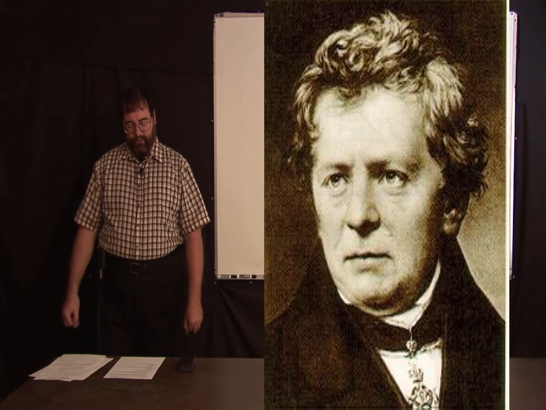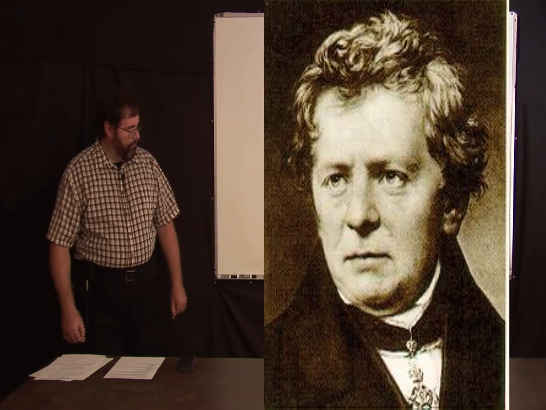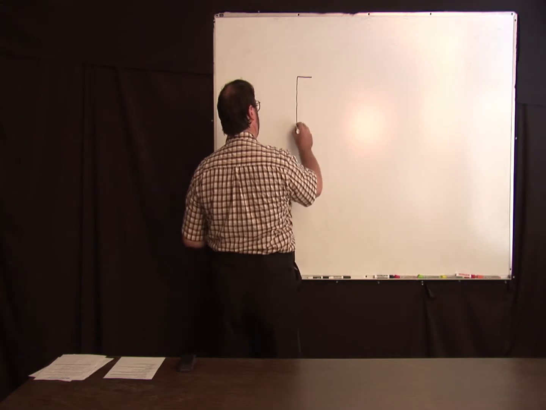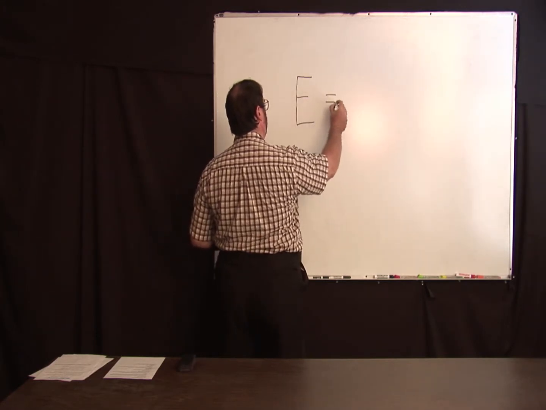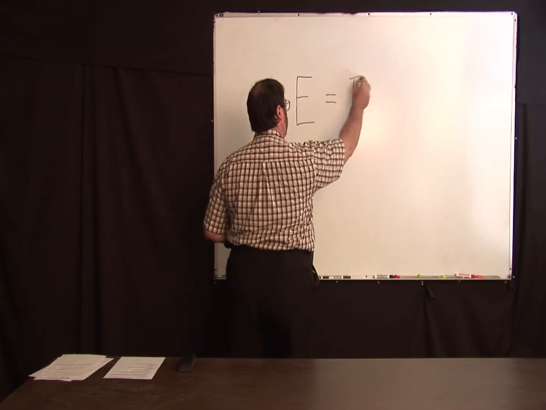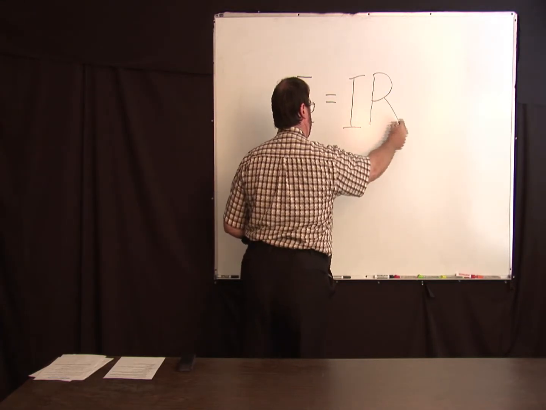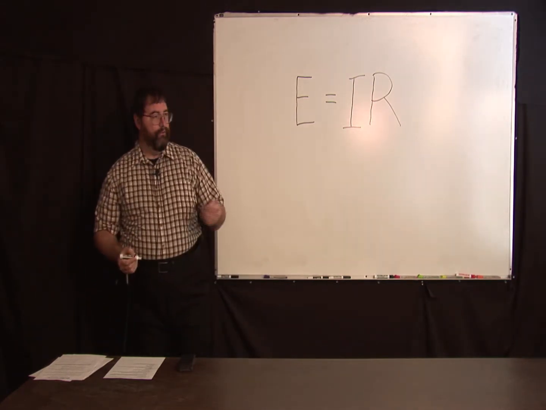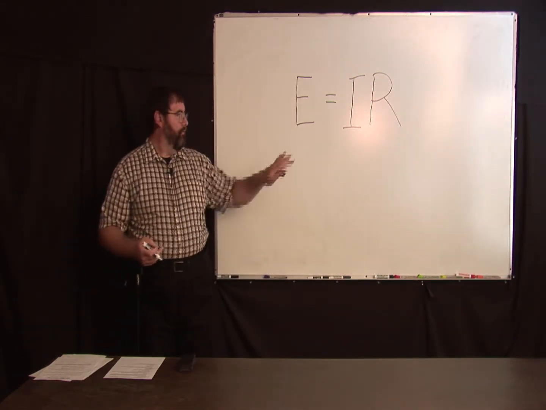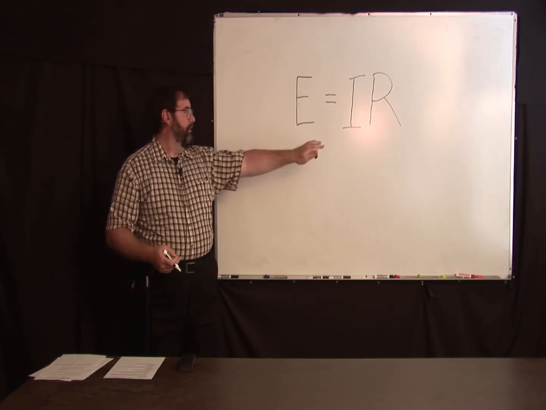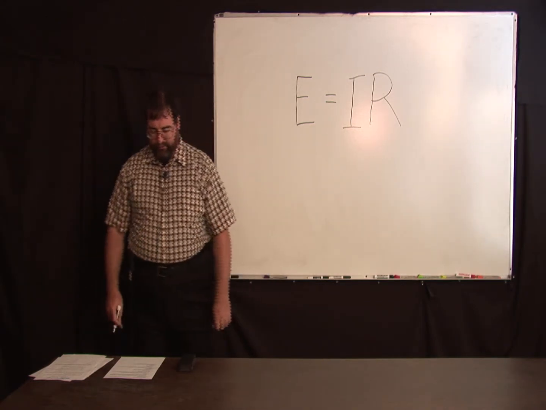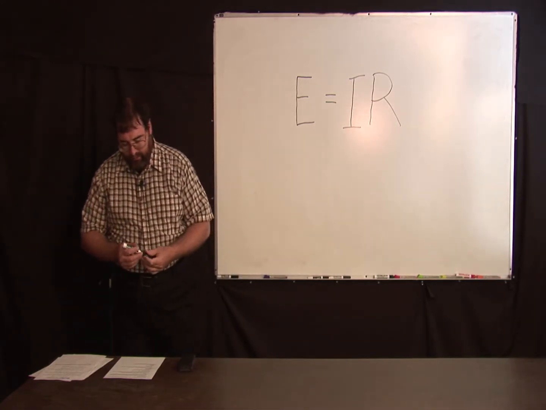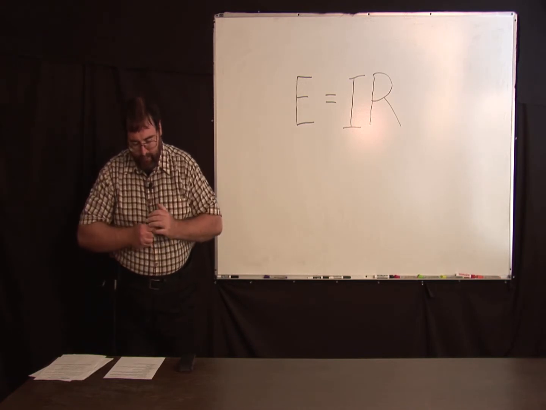But he's more famous for Ohm's Law, which is that E, which stood for electromotive force or voltage, equals I times R. Voltage is current times resistance. That's specifically the voltage across a resistor and the current flowing through that resistor. Well, what are these things? That's what we're going to talk about.